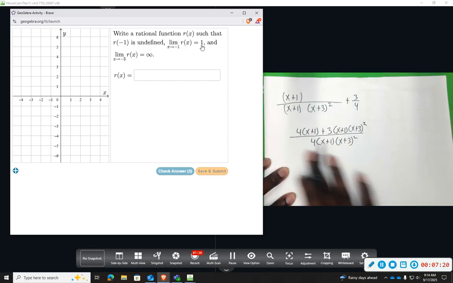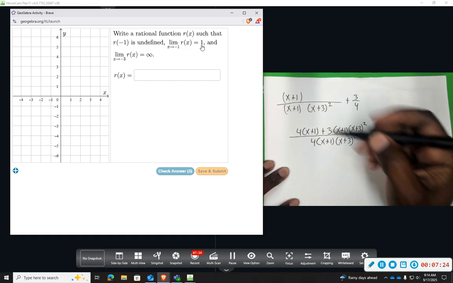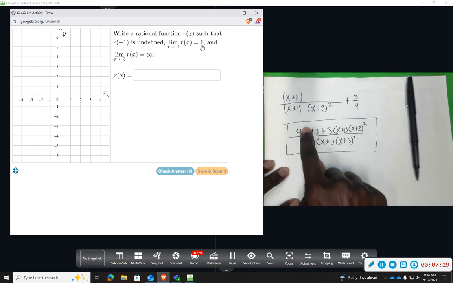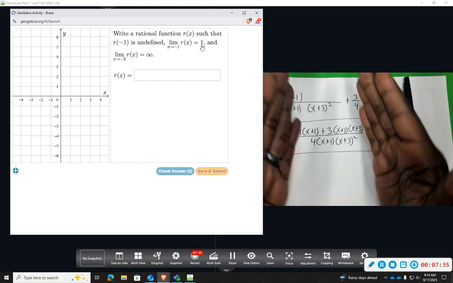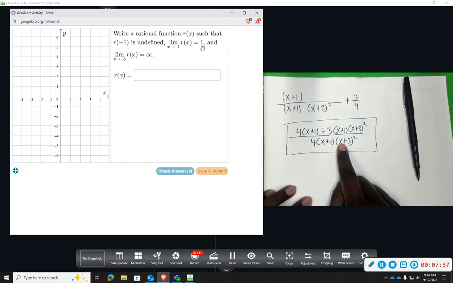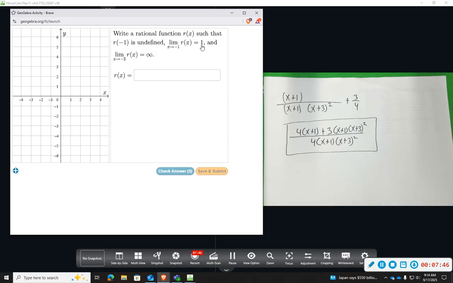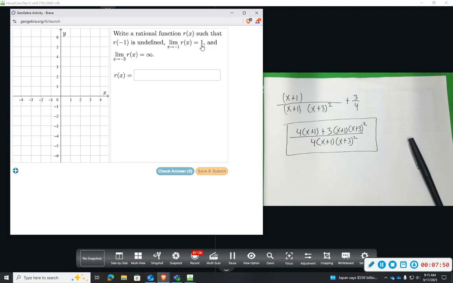So this whole thing will give me a function that satisfies all of the requirements: it has an undefined value at 1, it has a limit that goes to positive infinity as we approach -3, and the limit of this function as we approach -1 will be equal to 1. And since it's all one term, it's a rational function.